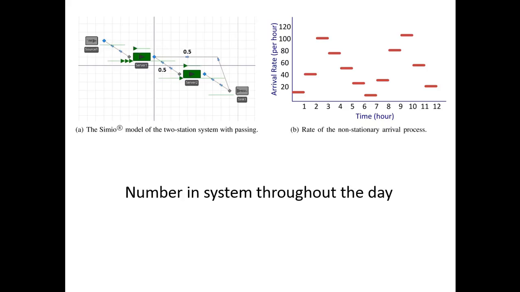Now, suppose instead of the number in system at a particular time t, we're interested in observing and evaluating how the number in system changes throughout the day. In other words, over the 12 hours of operation during a day.